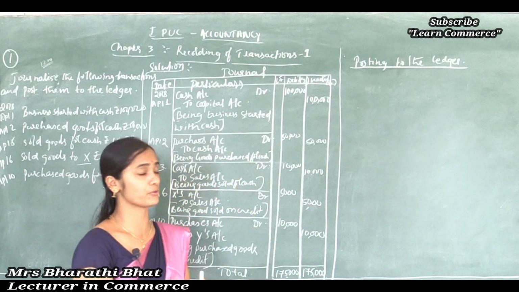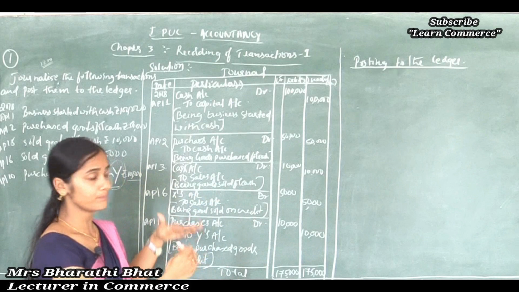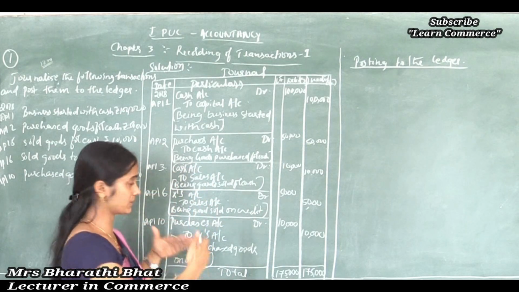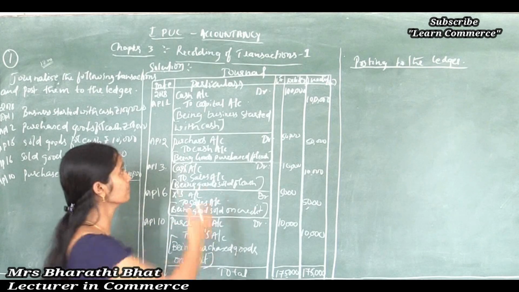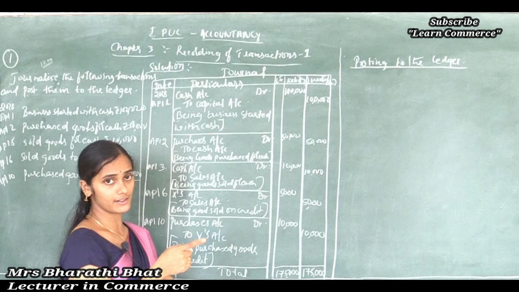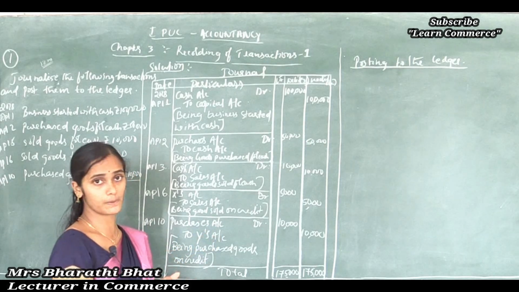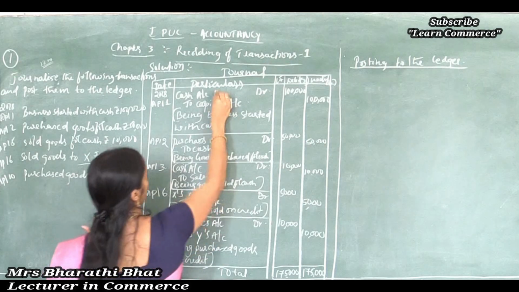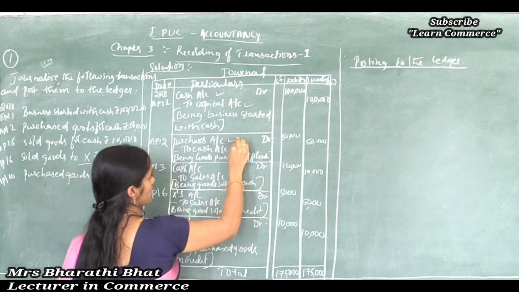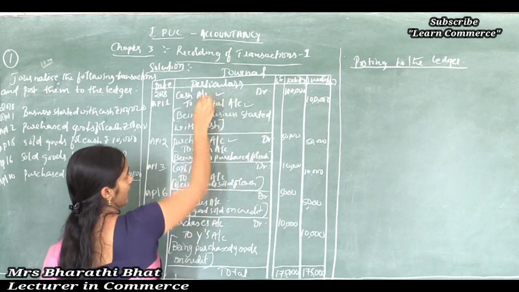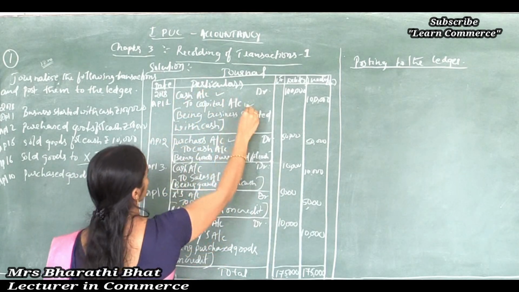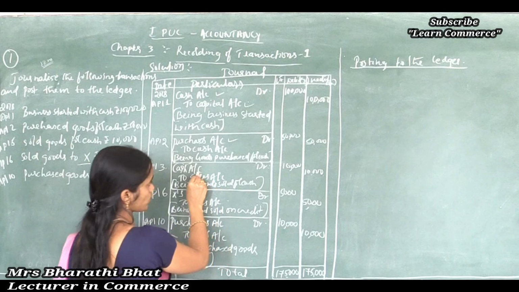Before that, see, a number of transactions take place in the organization, and how many accounts need to be prepared separately? One is cash account, another is capital account, purchases account. Cash comes under the cash account itself, so 1, 2, 3, and here also cash account is there.